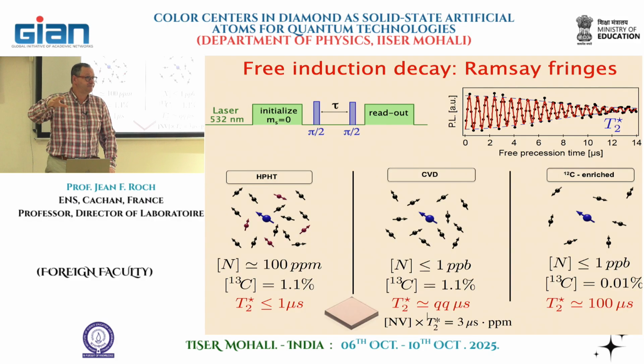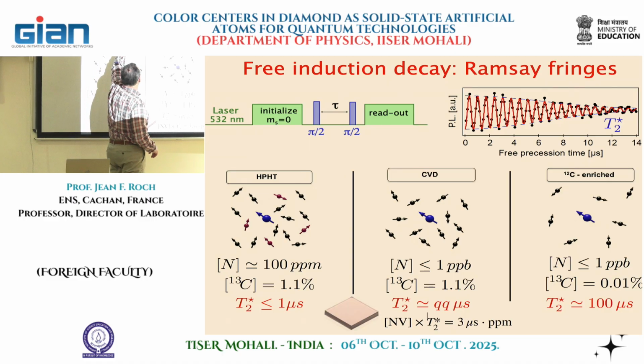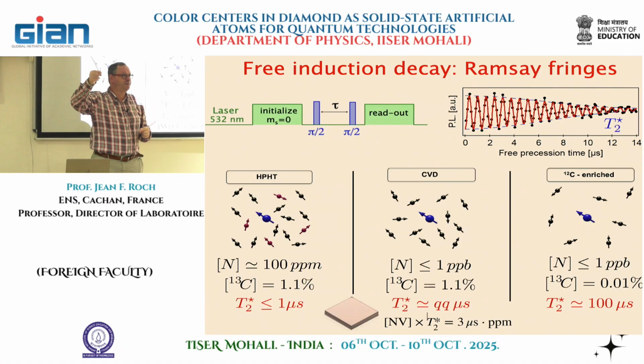And then we wait. If everything goes well, this coherent superposition will precess around my magnetic field, and after that I can reapply a pi over 2 pulse. So if no decoherence process happens, then I have a pi over 2 pulse, a pi over 2 pulse. That's somehow equivalent to a pi pulse. So then I will have transferred the population from 0 to 1. Not exactly, because there is a time difference.